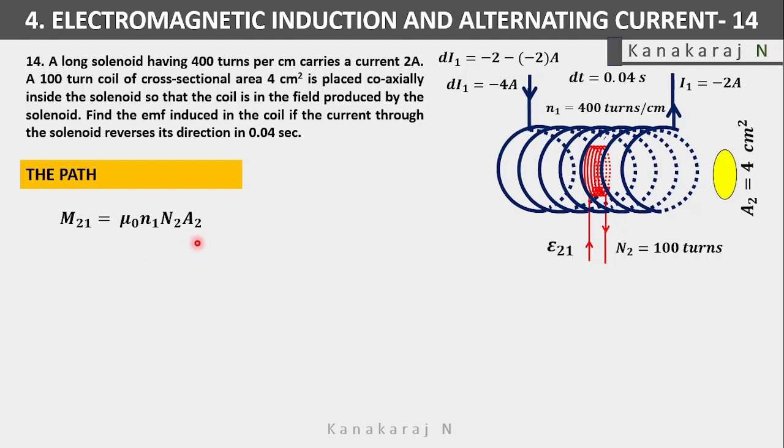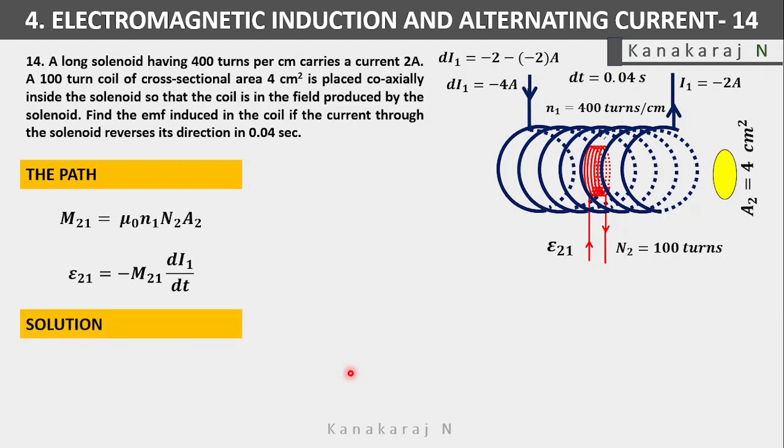A2 is the area of the inner circular coil. This is a new formula, and I will teach you how you get this formula. In mutual induction, for every problem a situation is given, and according to the situation you have to change the formula. Epsilon 2,1, the induced EMF in the inner coil, equals minus M21 dI1 by dt.